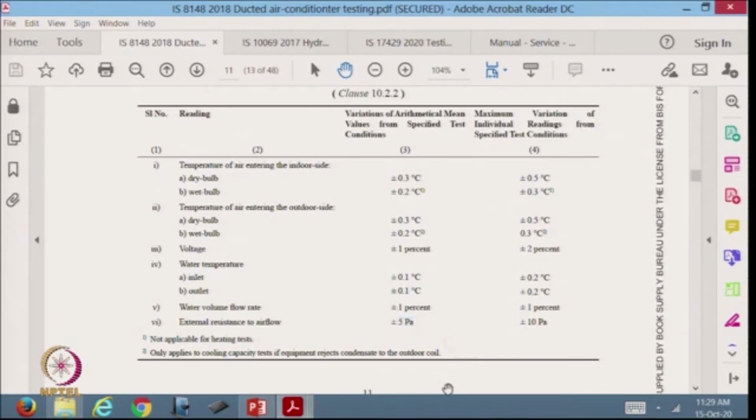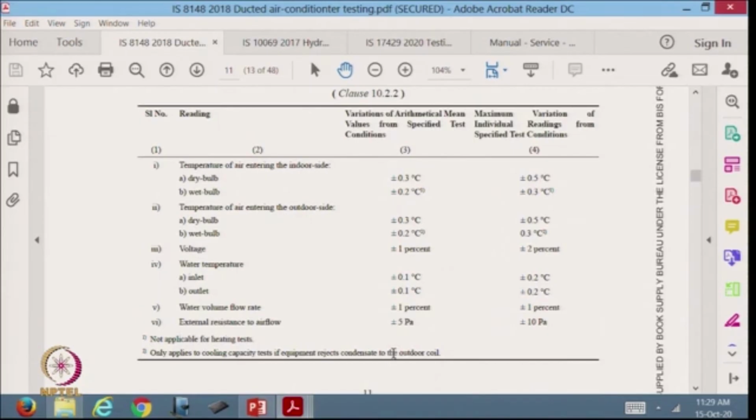So, what we are seeing is these limits have been specified in how the experiment has to be done, and while the numbers themselves may not immediately strike you as something very significant, some of these numbers are very stiff. They require very careful measurement, design of the experiment.